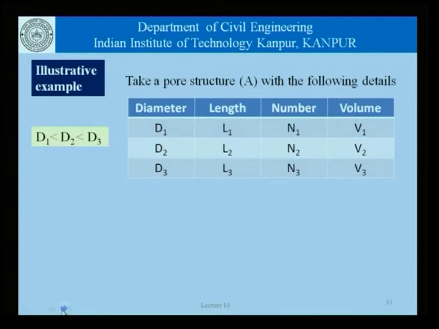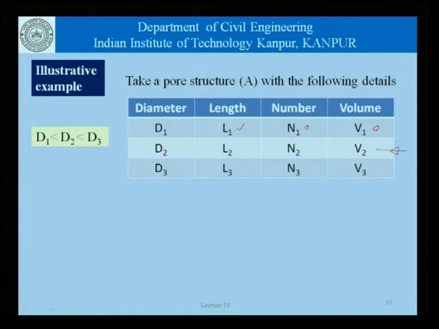If we have pore diameters d1, let us say the total length corresponding to that is L1, the total number corresponding to that is N1, the volume associated with that would be V1, and V1 would be related to this diameter, length, and the numbers.